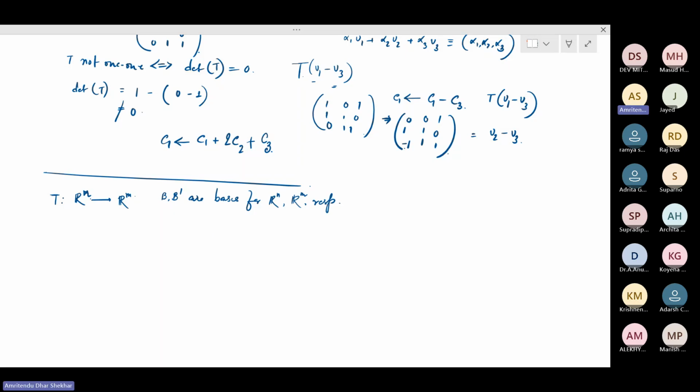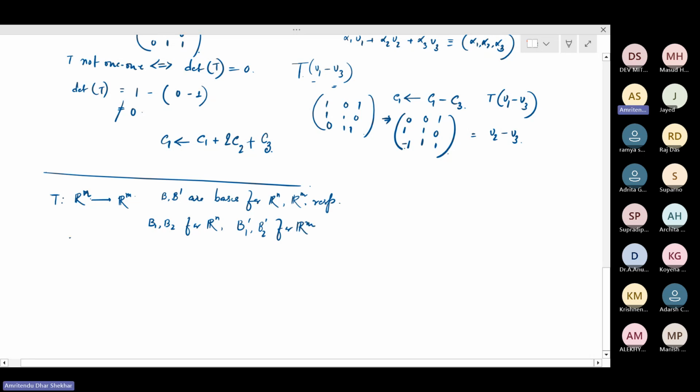Let's say you have two bases, B1 and B2 for Rn, and two bases B1 prime and B2 prime for Rm.